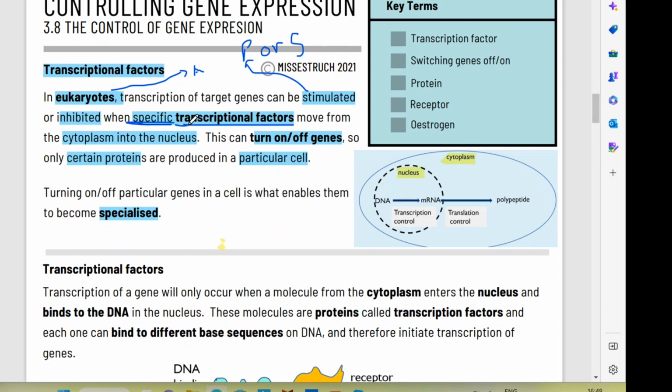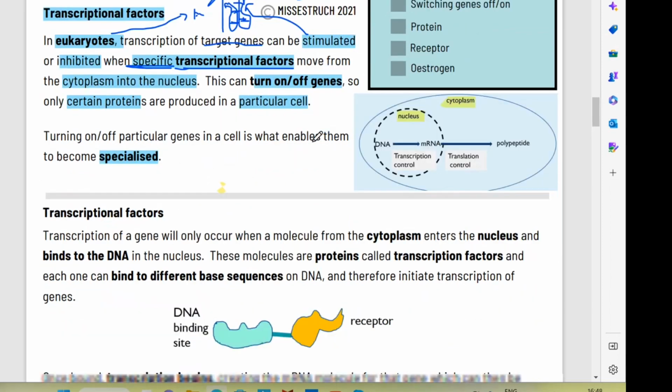Just think of them as a molecule at the moment. So they basically stimulate or inhibit target genes. And target genes are basically to do with the chromosome. So we have our chromosome over here, right? And then we've got certain genes on our chromosome that we want to target for transcription.